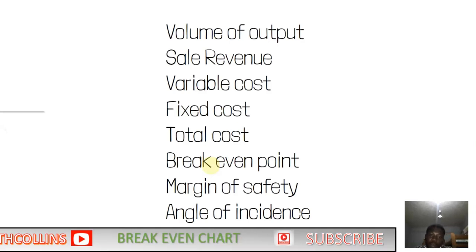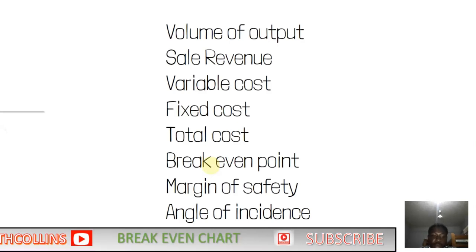So from the break-even point to infinity, and I'm trying to explain this with words, and I would go back to the break-even charts and also explain all these. And we have the angle of incidence. But mind you, if the distance of the margin of safety is large, then your profit is going to be large as well. The larger the margin of safety, the larger the profit.